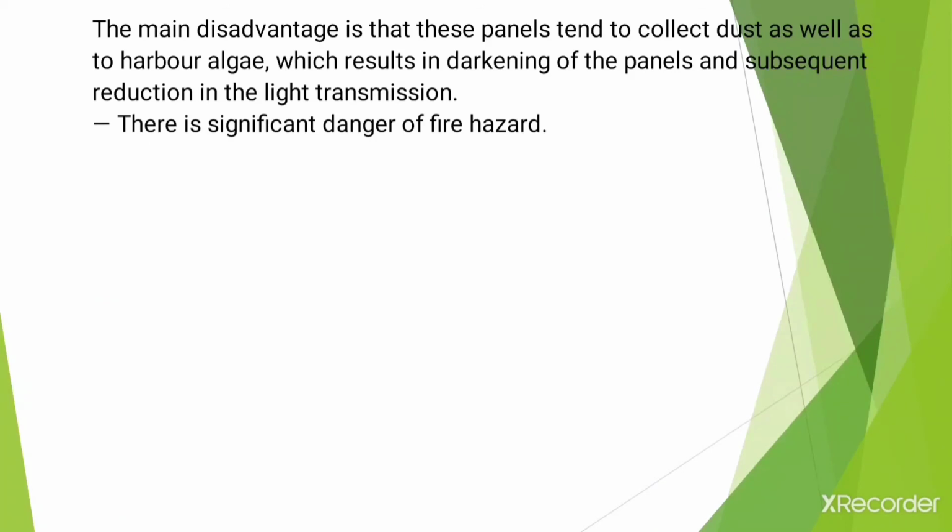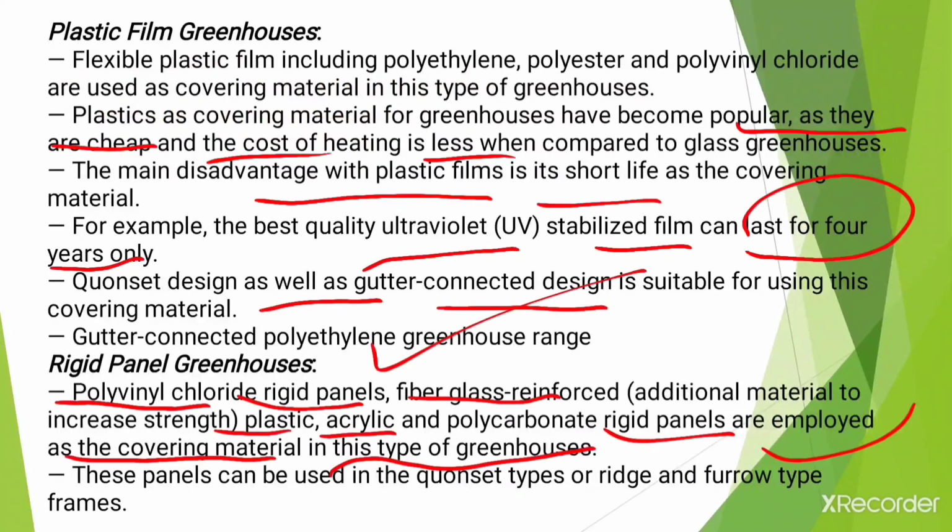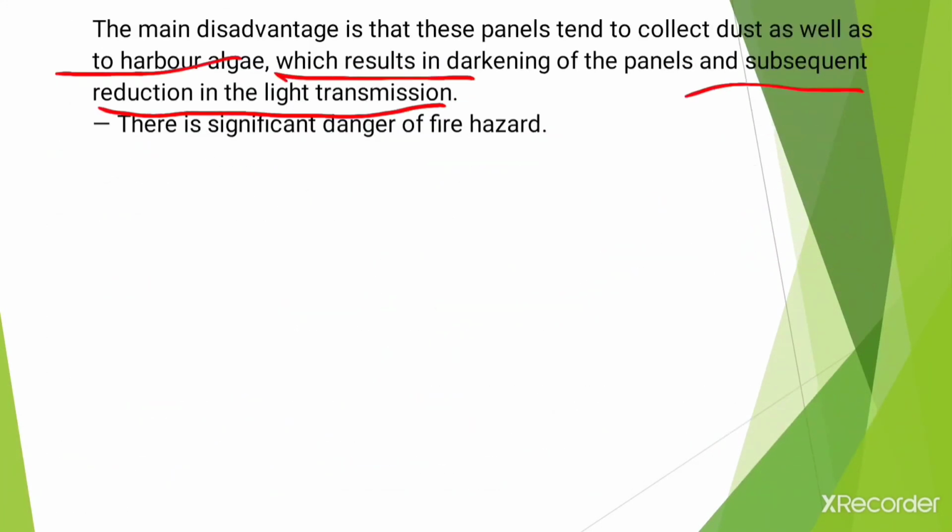The main disadvantage is that these panels tend to collect dust as well as harbor algae, which results in darkening of the panels and subsequent reduction in light transmission, and there is a significant danger of fire hazard in rigid panel greenhouses.